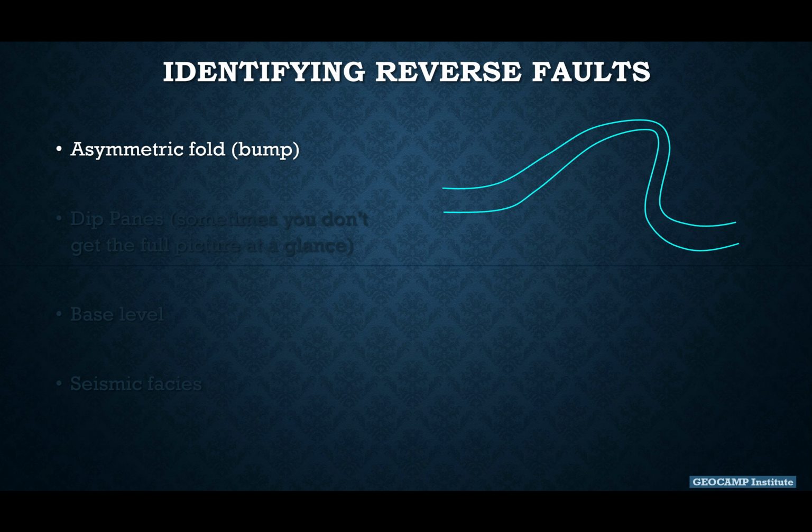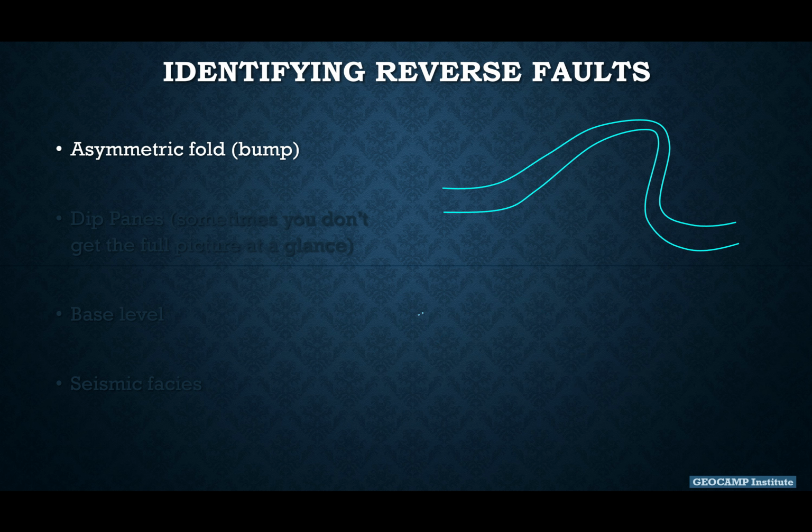So, a bit of a hint on identifying reverse faults. First of all, we look out for bumps that are asymmetrical in geometry. We could have one scenario in which we have a symmetrical bump or anticline. In this case, you might be referring to a detachment fold.